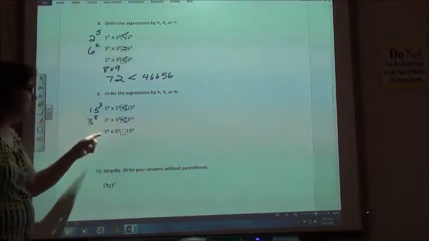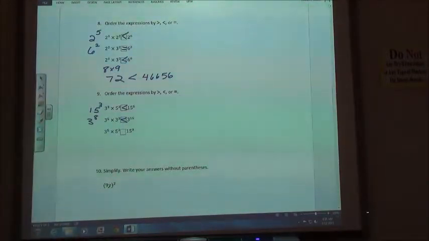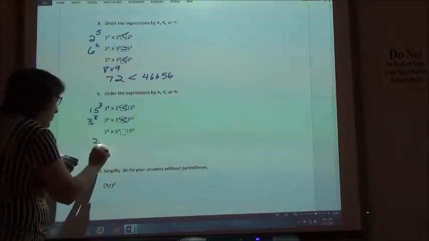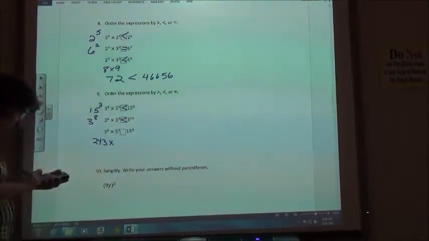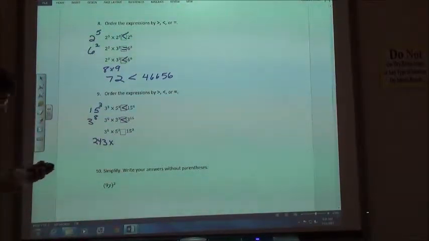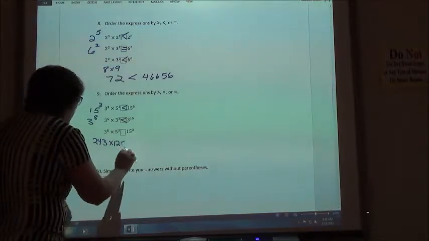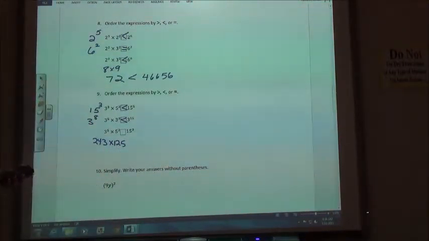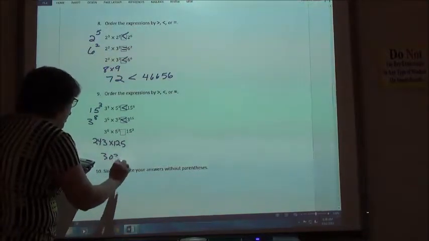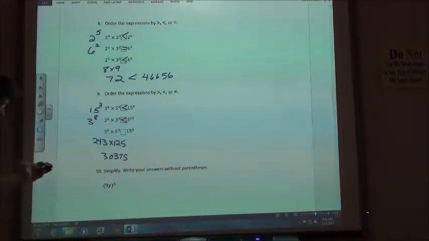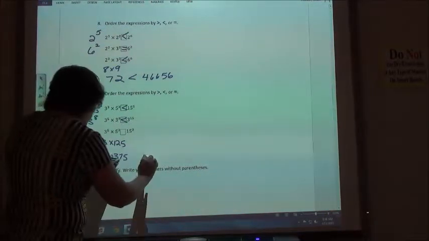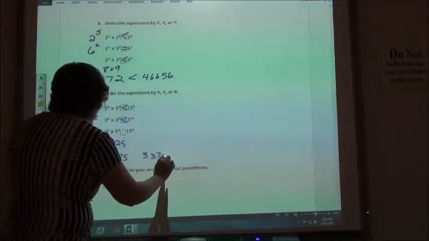And then here's another one where I just basically have to calculate that out. 3 to the fifth is going to be 243 times 5 to the third. 5 to the third is 125. 243 times 125 is 30,375. On the other side, I'm going to do 15 to the third power. 15 to the third power is 3,375.